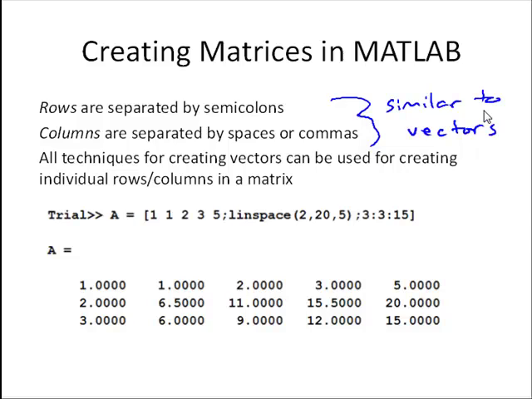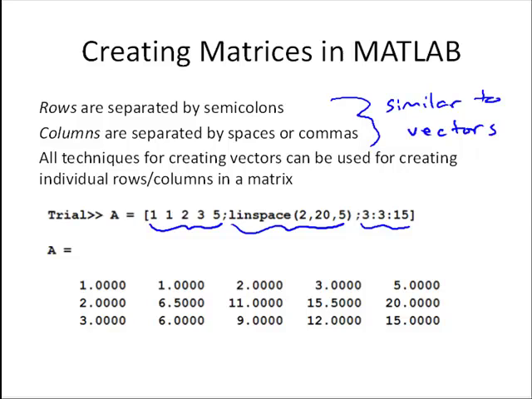So here's an example where the first row of A is just created by entering numbers separated by spaces. The second row is created by the linspace command to create 5 evenly spaced elements between 2 and 20, and the third row is created with the colon operator, starting with 3, incrementing by 3, and ending at 15. And you see the result here.